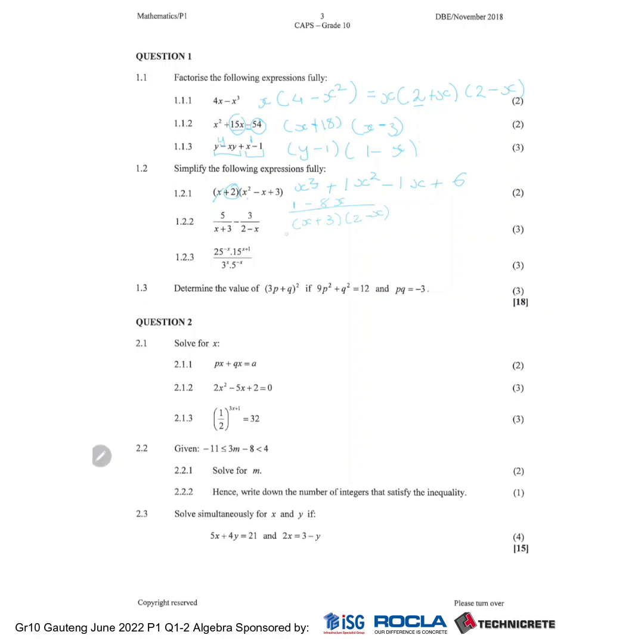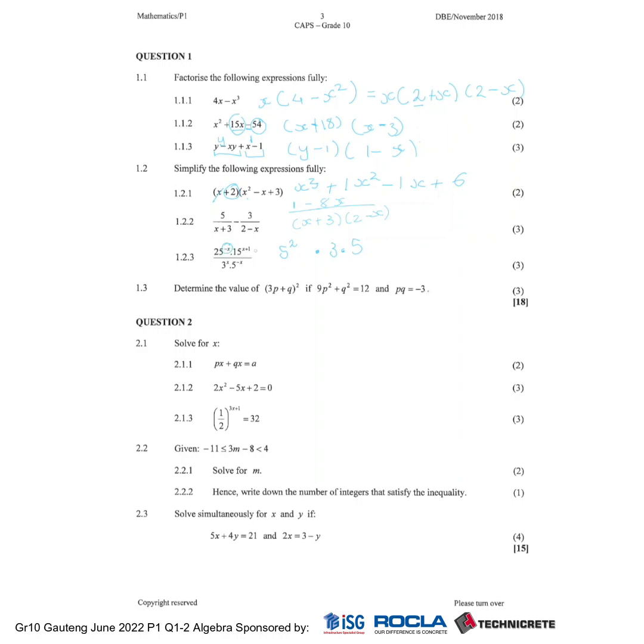What can 25 be? 25 is the same as 5 squared. And 15 is the same as 3 times 5.